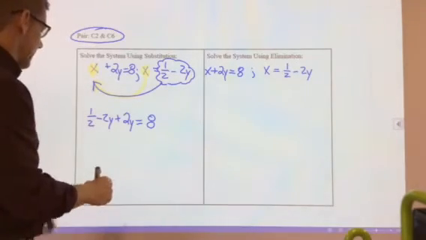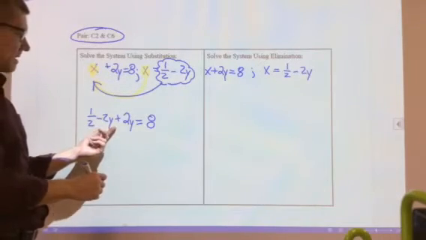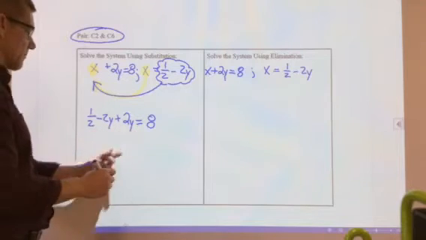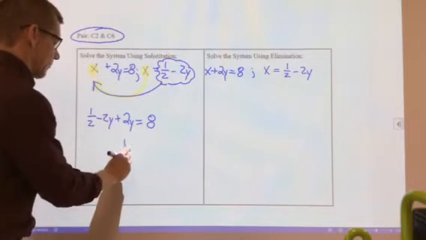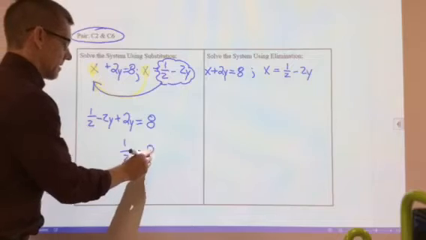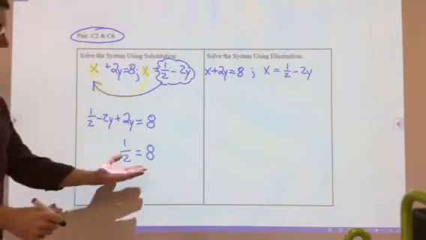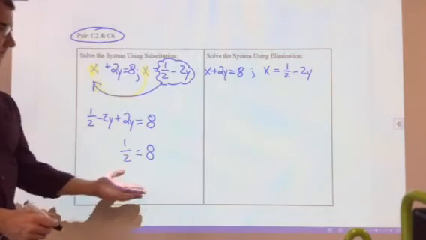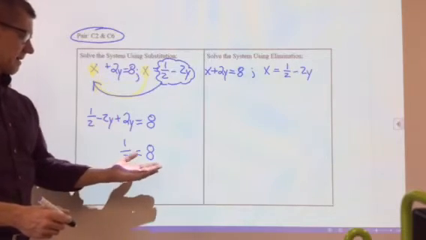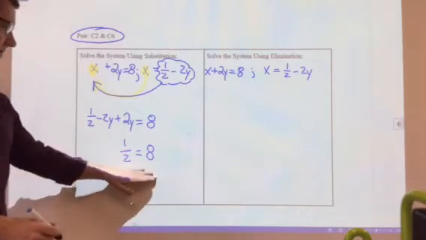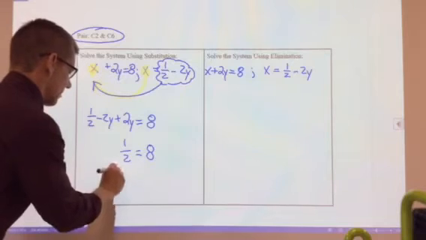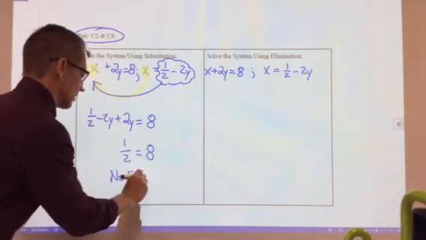And what you're going to find out is that when I combine like terms, I have negative 2y and positive 2y, I end up with 1/2 equals 8. And from our previous work, we see when we end up with a solution to the system of equations that is not a true equality, this is a false statement, we know that there are no solutions.